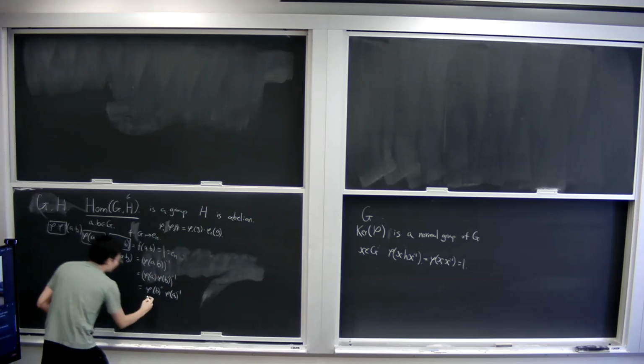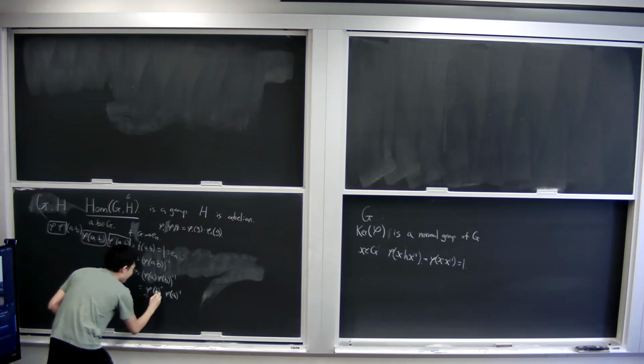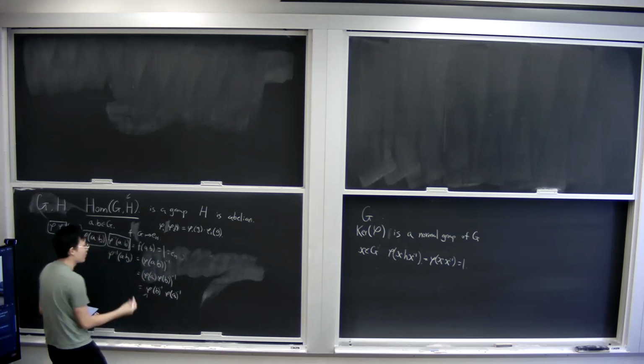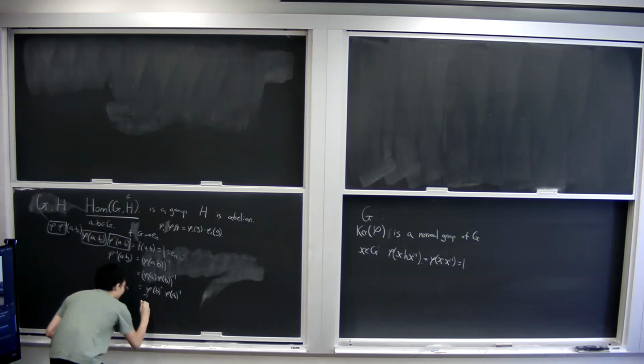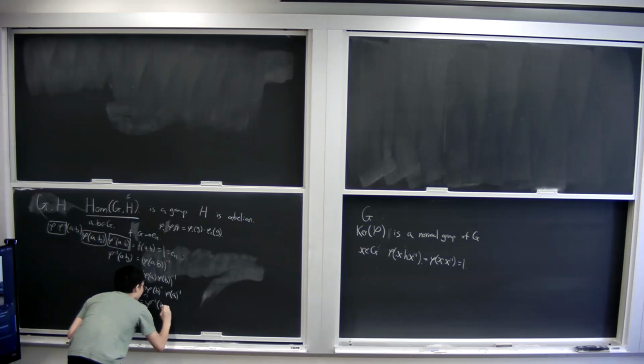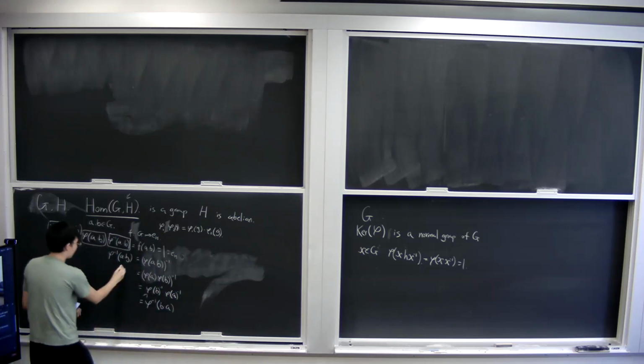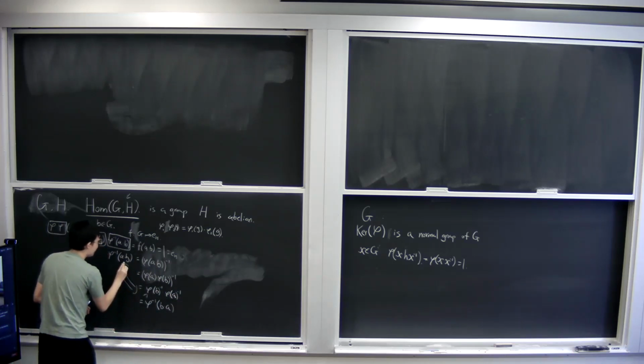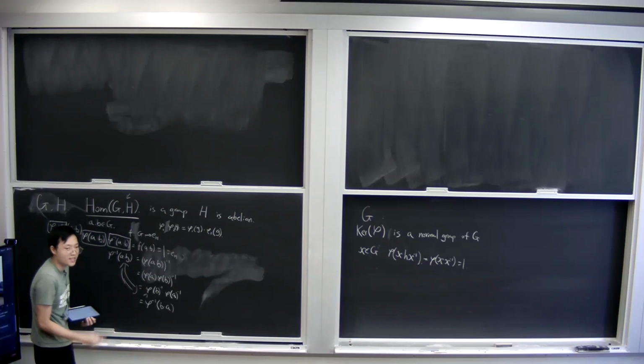And then if phi inverse in this case is also a homomorphism, then this thing also has to be equal to this, which shows that AB has to be equal to BA.